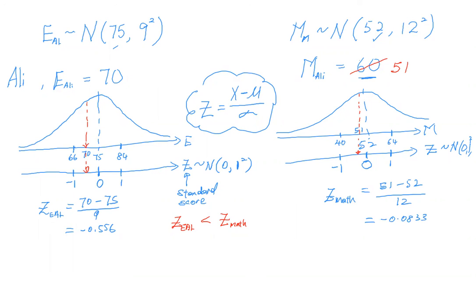So therefore, when you talk about your scale score, right, Ali will have a higher math scale score than the EAL scale score. So your ATAR scale score goes in that way.